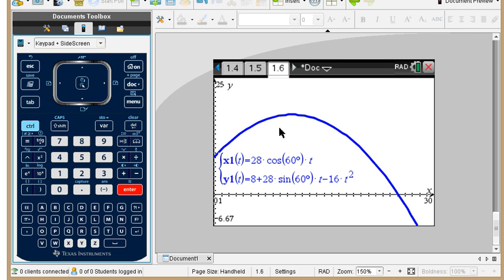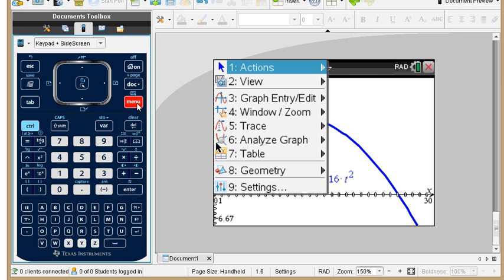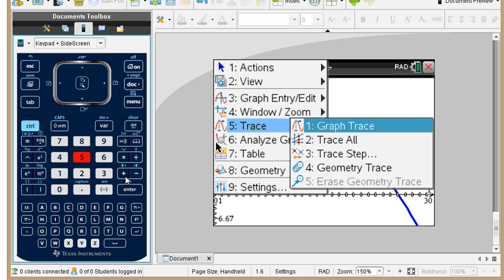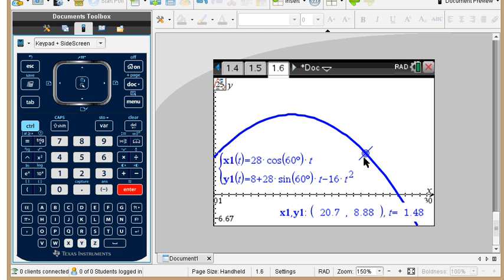So we're trying to find the maximum elevation, and to do that we go to Menu, Trace, which is 5, Graph Trace, and here we have right now 8.88 feet, and we're going to arrow to the left, looking for a maximum elevation.